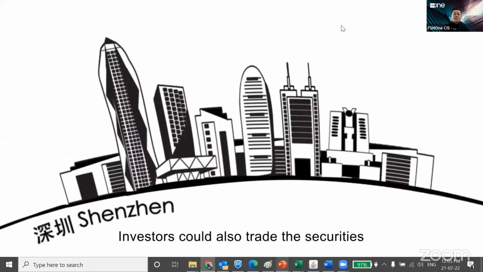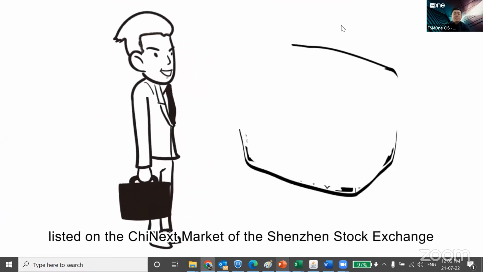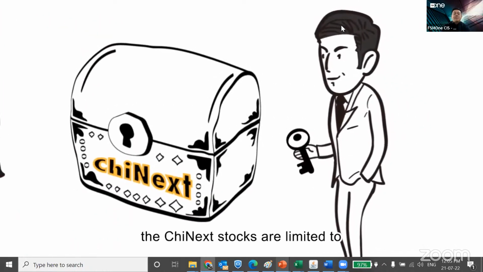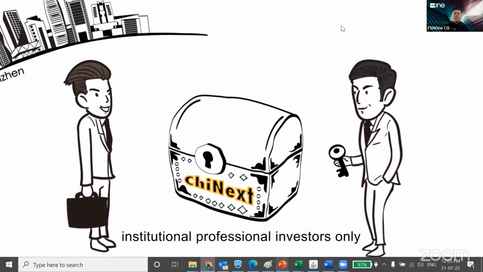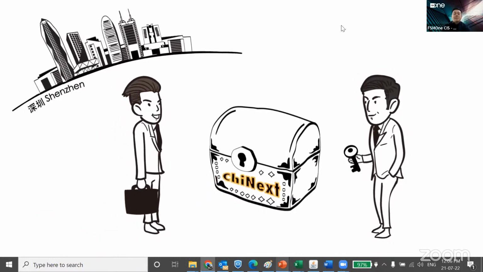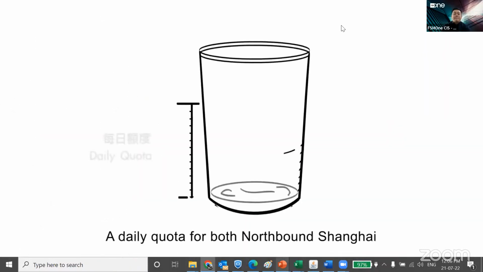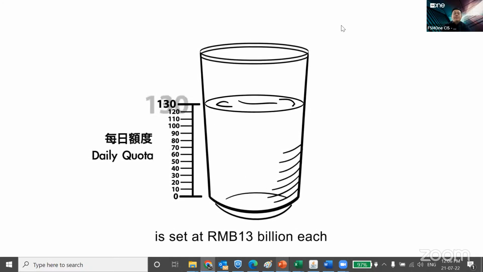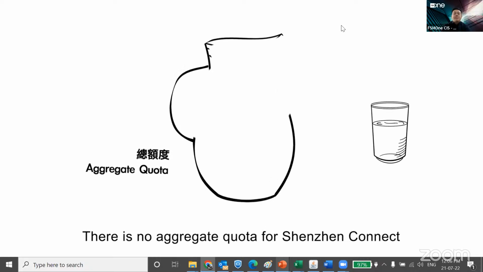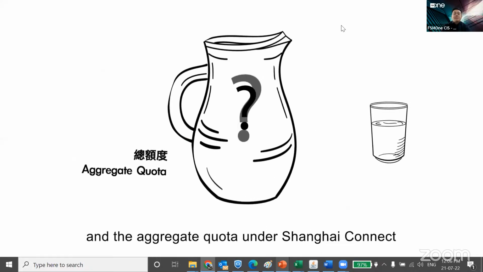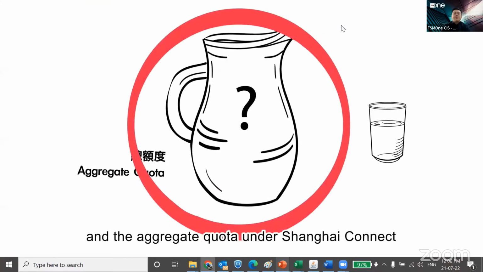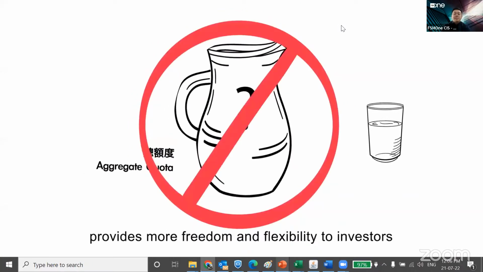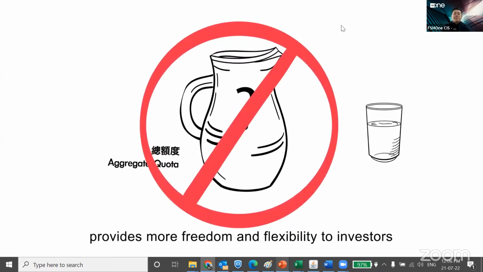Investors could also trade securities listed on the ChiNext market of the Shenzhen Stock Exchange. However, the ChiNext stocks are limited to institutional professional investors only at the initial stage. A daily quota for both northbound Shanghai and Shenzhen trading links is set at 13 billion renminbi each. There is no aggregate quota for Shenzhen Connect, and the aggregate quota under Shanghai Connect is also abolished. The abolishment of the aggregate quota provides more freedom and flexibility to investors.